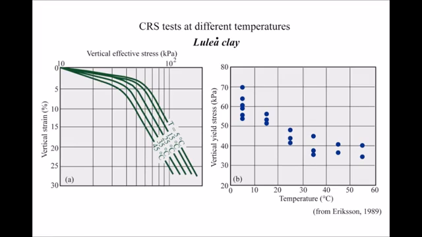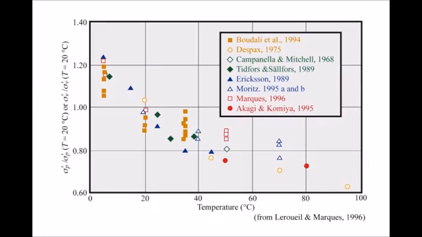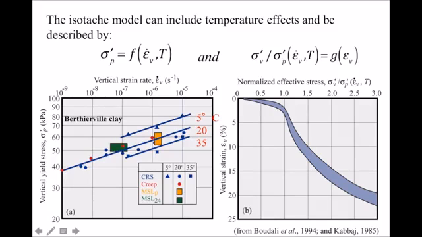And it has been shown that the relationship obtained on Luleå clay is about the same as the one obtained on a variety of clays, as you can see here. So, in fact, the pre-consolidation pressure or vertical yield stress, which was a function of strain rate, is also a function of temperature.